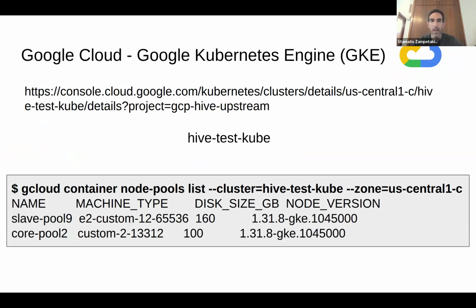So we have a Google Cloud cluster set up already, and everything runs in a Kubernetes cluster. The name of the Kubernetes cluster is Hive Test Kube. Google Cloud offers a command line utility that is called gcloud.